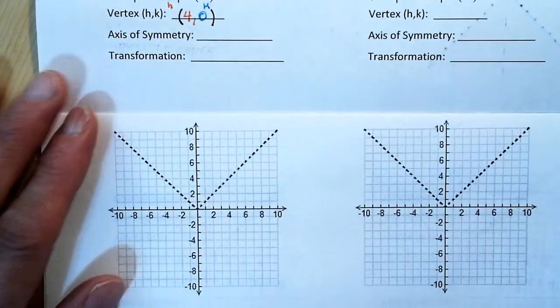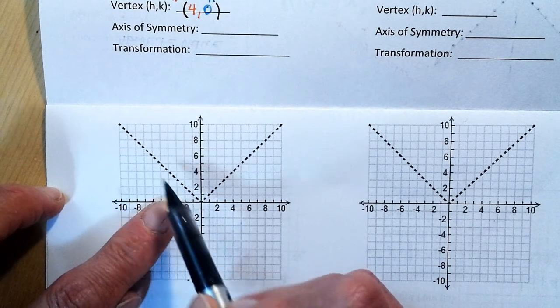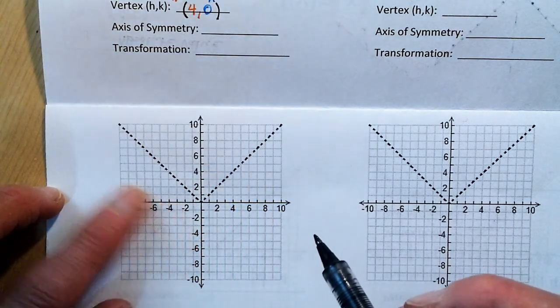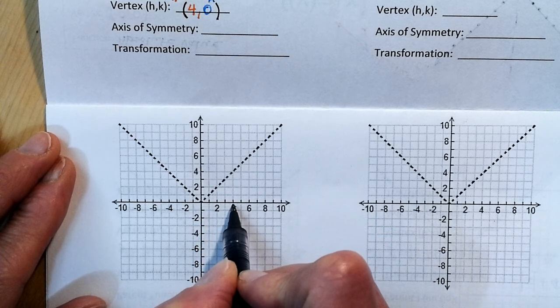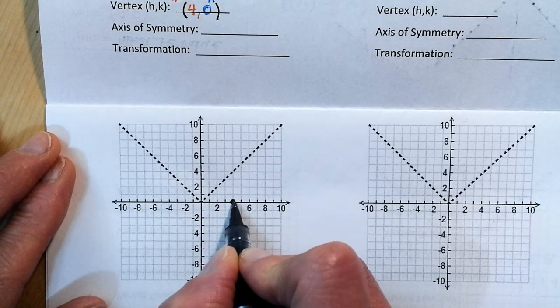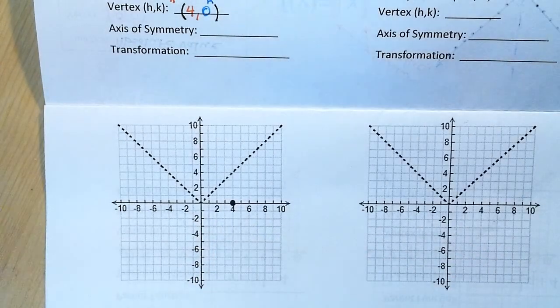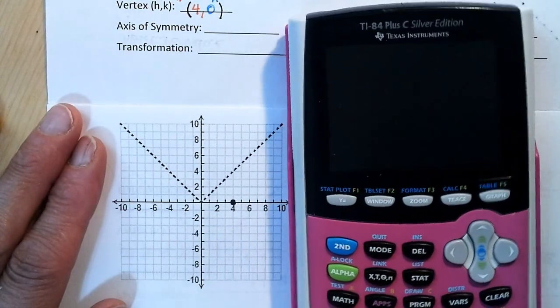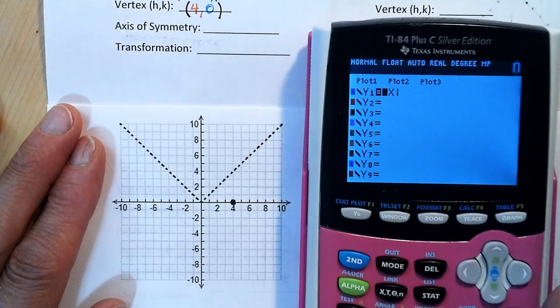Okay, so let's look here. This was my parent. This is what we graphed on the previous side. So now I'm going to go to 4, 0, which is right here. So now my function's beginning here. Let's go ahead and open up the calculator, and we see there was my parent.